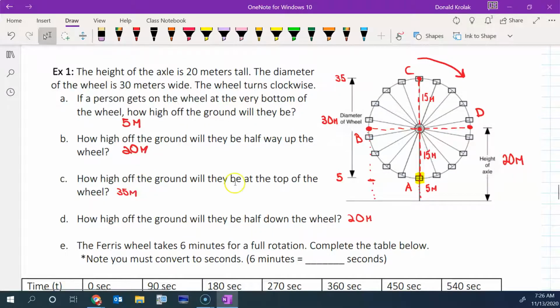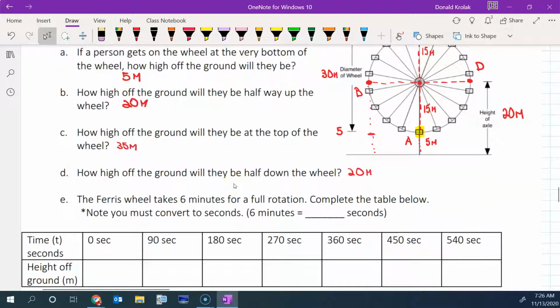Okay, now we're going to model this with a sine curve. Right? So when we model sine, it's going to look something like this. And we know that the high value, the max, is 35. The midline would be at 20, and then the low point is going to be at 5.